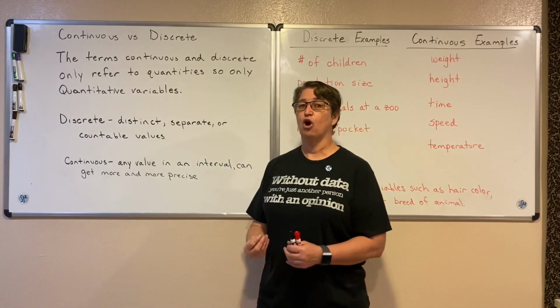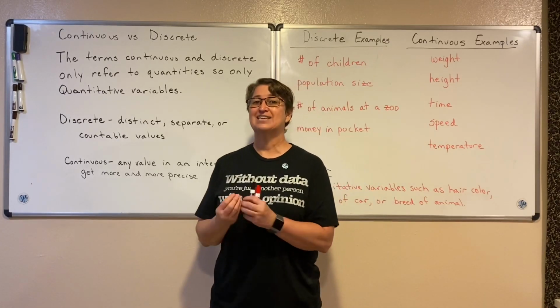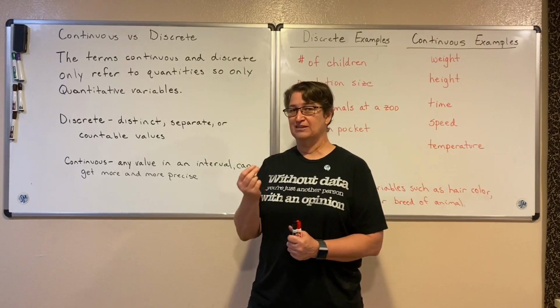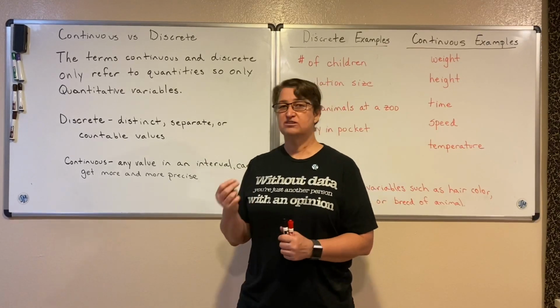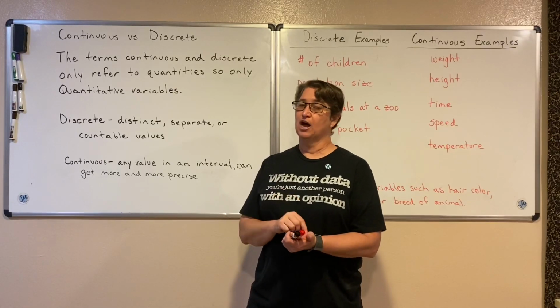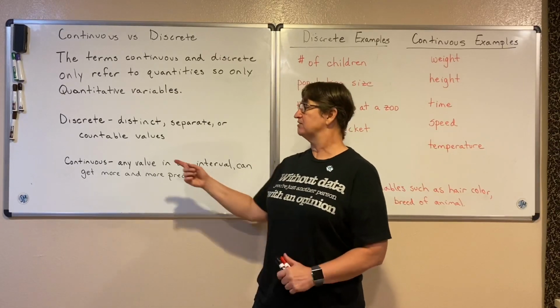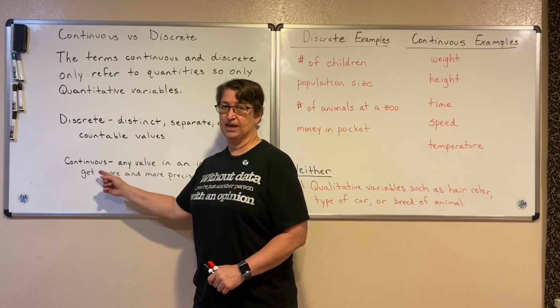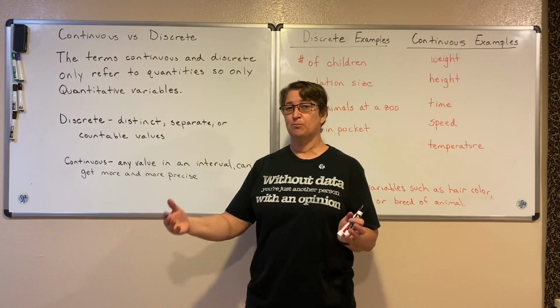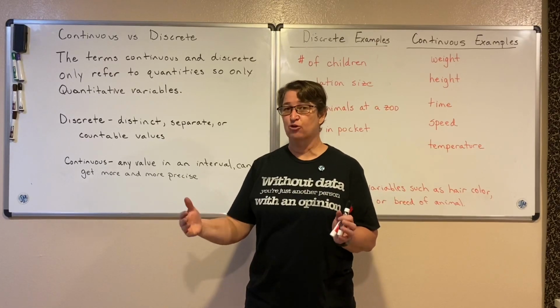Discrete variables are those where our data is countable, where each number is distinct or separate, or we can actually count in order to record our data. Whereas continuous data is data that takes on a range. It can be any value within an interval.